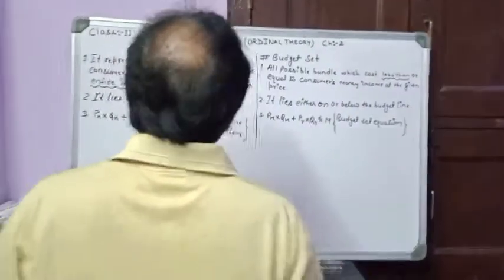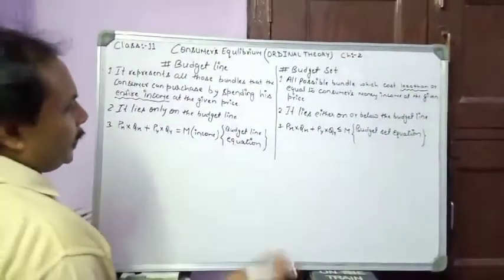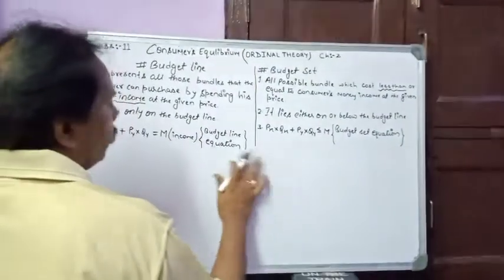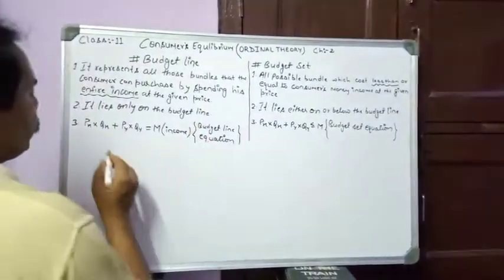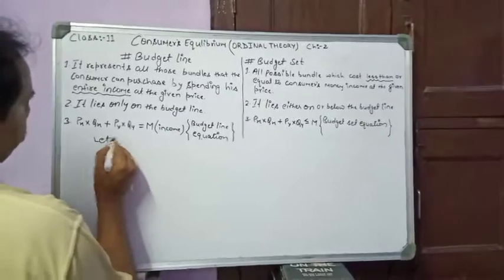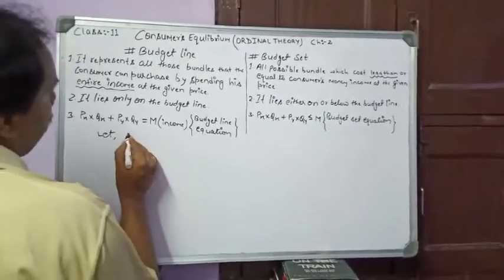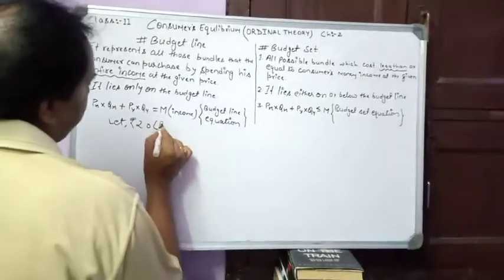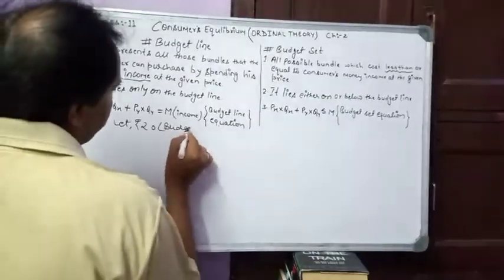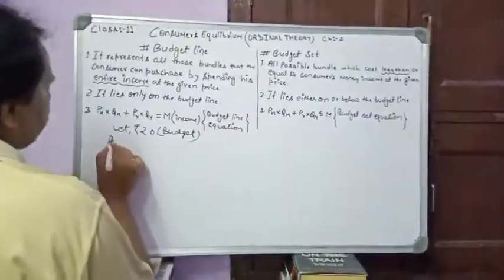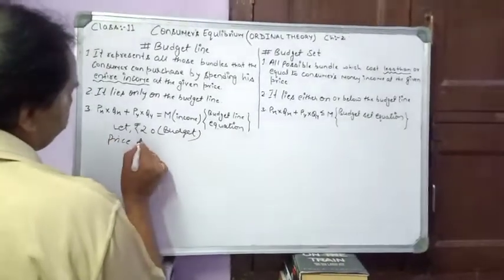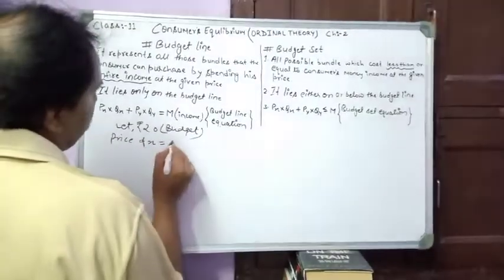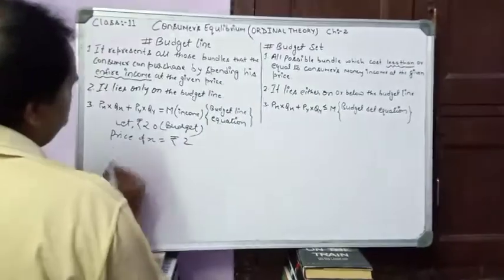Now you can also explain it with the help of a table. Look here. Let a consumer have rupees 20, so 20 is the budget. Price of X is equal to rupees 2.